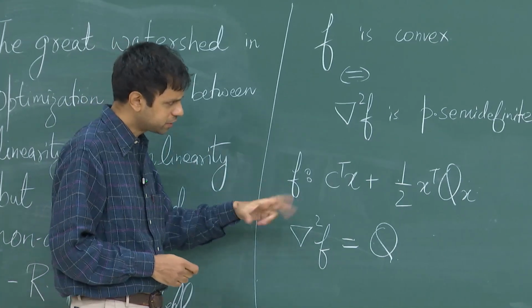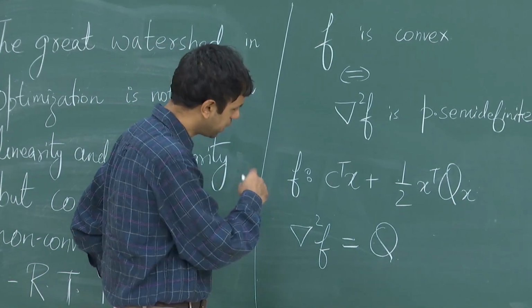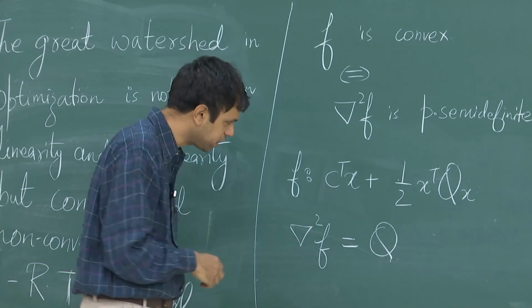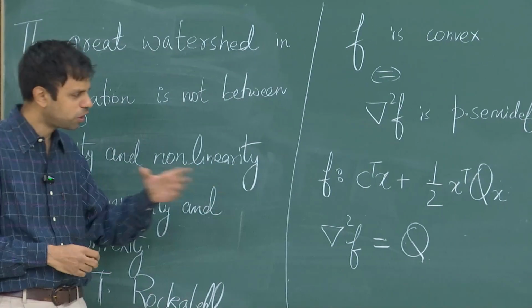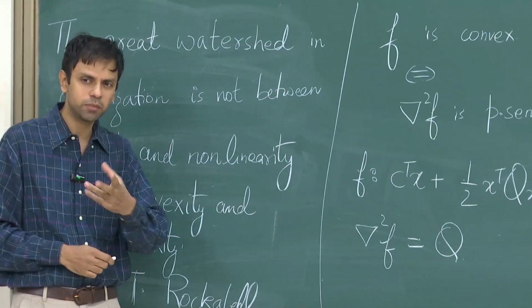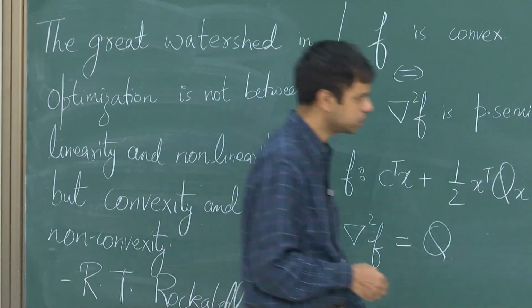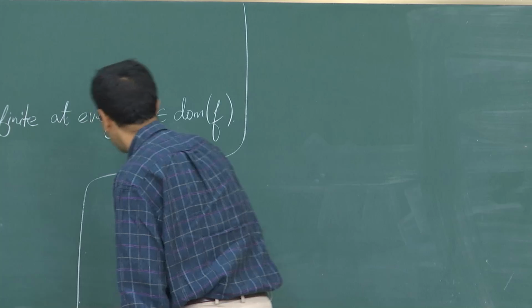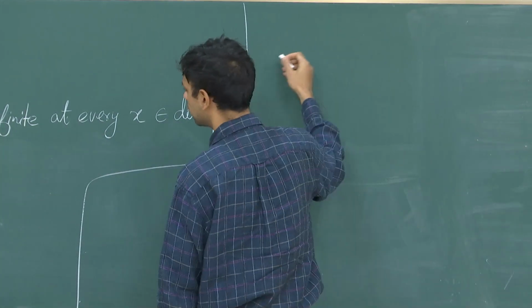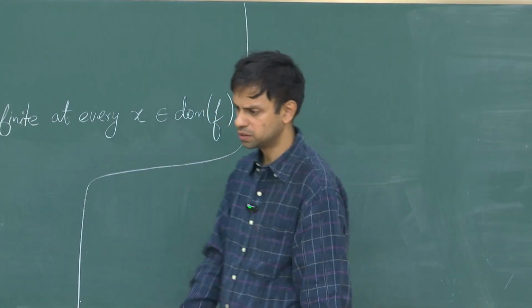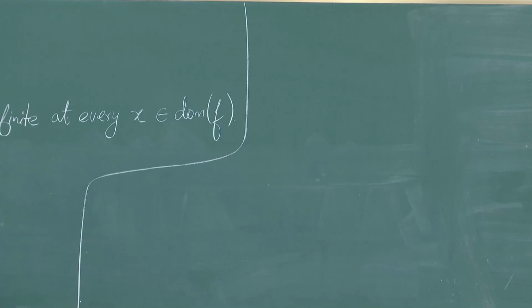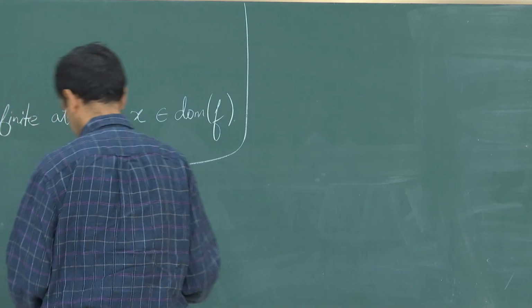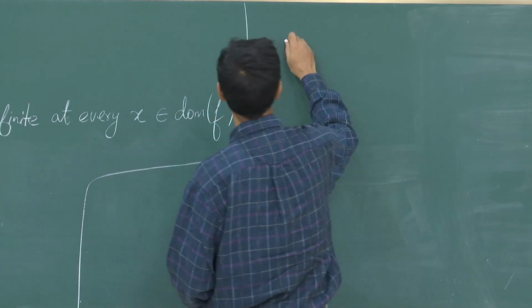So let's look at one variant of this, where even when Q is not positive semi-definite, we might still be able to say things are easy and convex, okay. Let's look at a very simple example of minimizing a straightforward quadratic function.